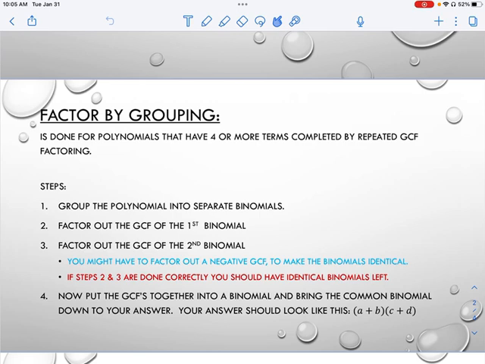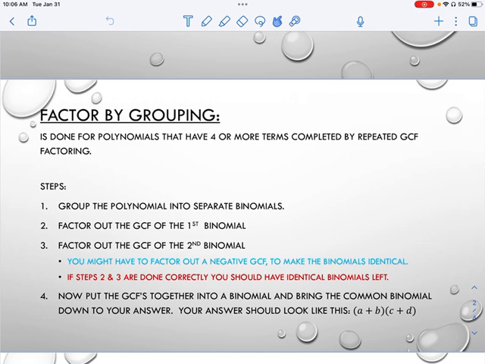We take the polynomial and we break it into separate binomials. So we group them together. We factor out the GCF of the first binomial. We factor out the GCF of the second binomial. Now, you might have to factor out a negative GCF to make the binomials identical.